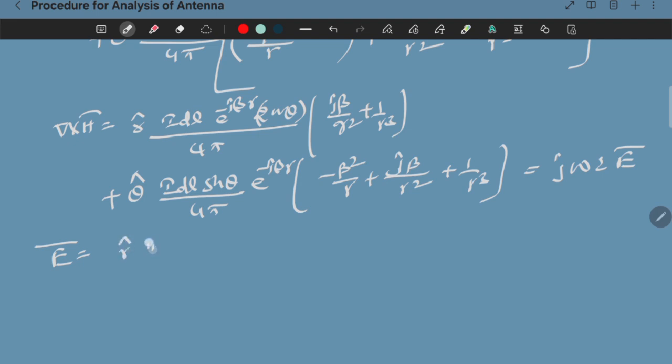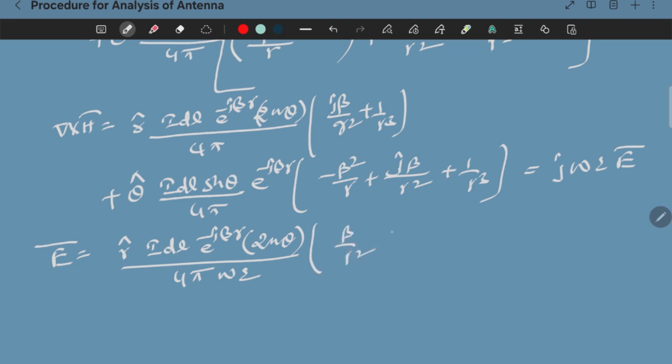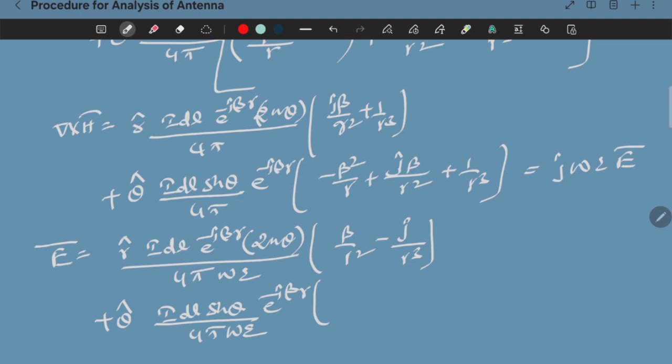So r cap into I dl e power minus j beta r into 2 cos theta by 4 pi omega epsilon, beta by r square minus j by r cube, plus theta cap into I dl sin theta by 4 pi omega epsilon e power minus j beta r into, it is 1 by j, that is minus j, that means plus j beta square by r, j will be cancelled, beta by r square, and here 1 by j is minus j by r cube.